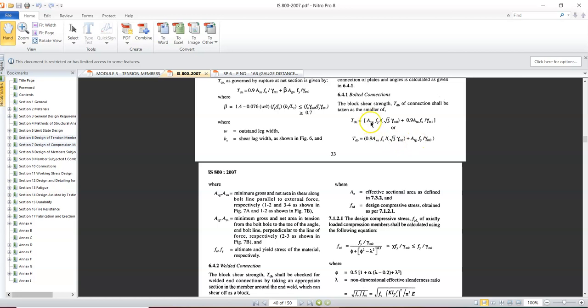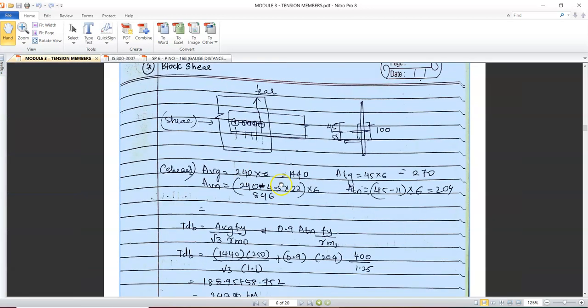So that is gross area under shear, net area under shear, net area under tension, gross area under tension. Once we calculate all these 4 areas, all you have to do is substitute in these 2 formulas to calculate the block shear. That is what we have done here.